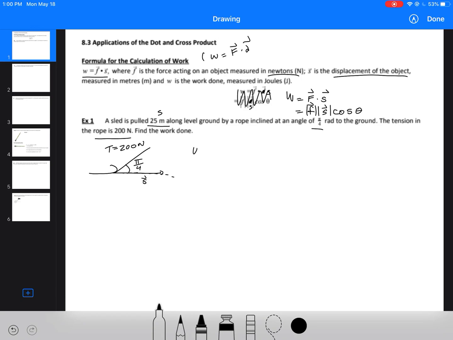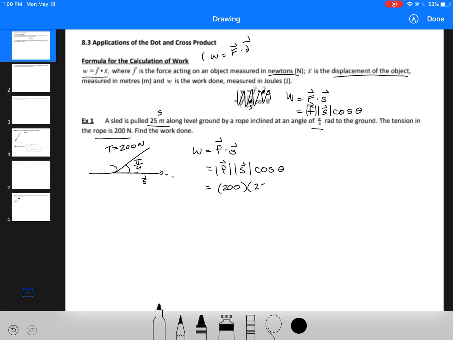In order to find the work done, I can use force dot displacement, which is the magnitude of the force times the magnitude of the displacement times the cosine of the angle between them. In this case, my force is my tension, so I have 200 newtons.